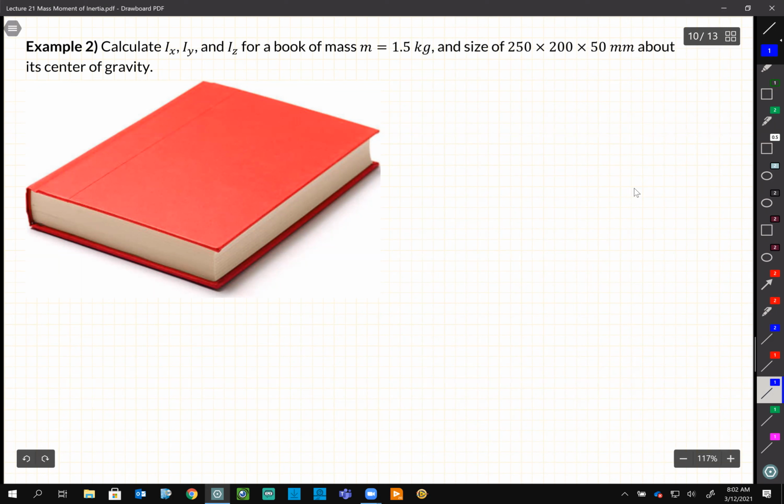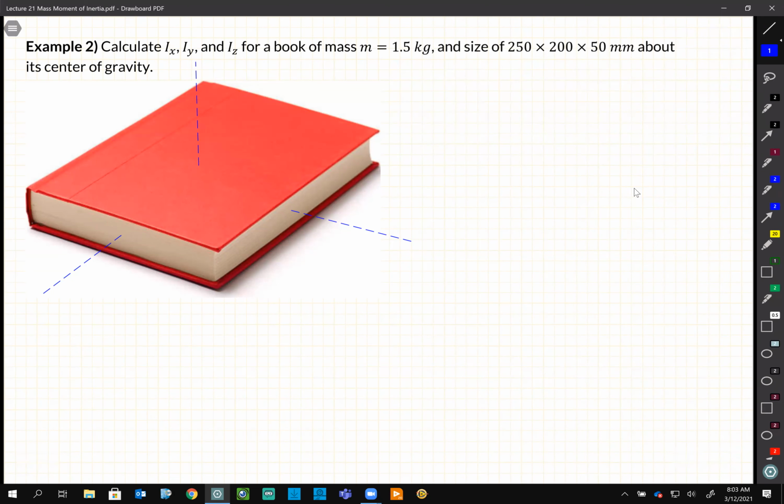We have a book here, and we want to find the mass moment of inertia about its axis that passes through its center of gravity. Let's assume these are the x, y, z axes. Let's say this is x and y, and then z comes out of that book.